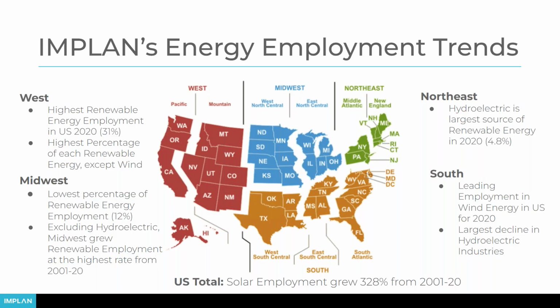So if we were to exclude hydroelectricity from the renewable energy mix, we would see that the Midwest actually grew the fastest between 2001 and 2020. The Midwest does, although, have the lowest percentage of renewable energy employment in total. Only 12% of all jobs in energy are in renewable energy sectors there.